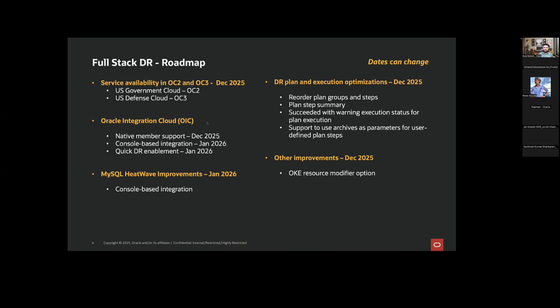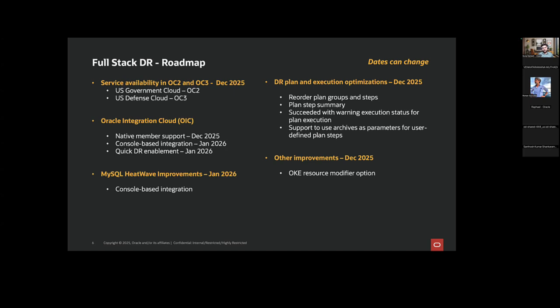The next section, we are planning to release a lot of optimization in terms of DR plan and execution. The first one is a really interesting one. Currently today, let's take a simple example. You have a couple of compute instances in a volume group, added to the primary protection group, and you go ahead and create your switchover plan in the standby.